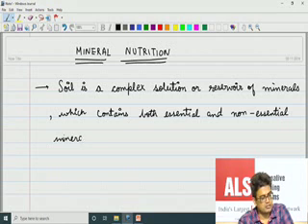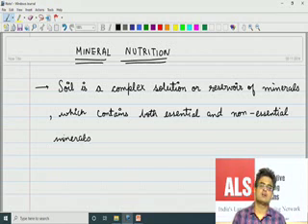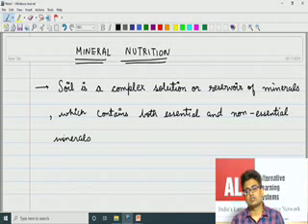Now we need to determine which elements out of these are absolutely essential for the health of the plant.